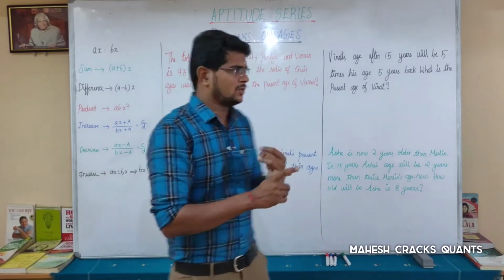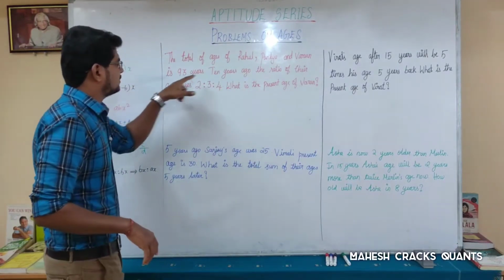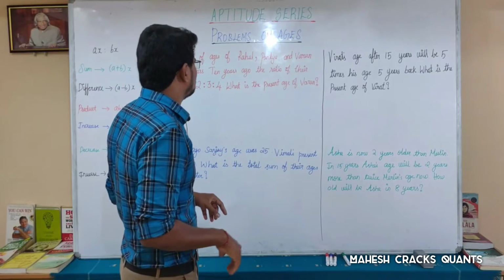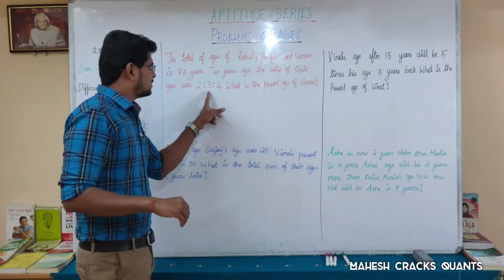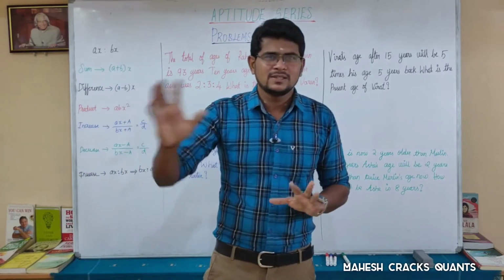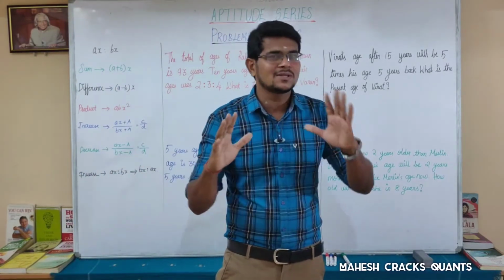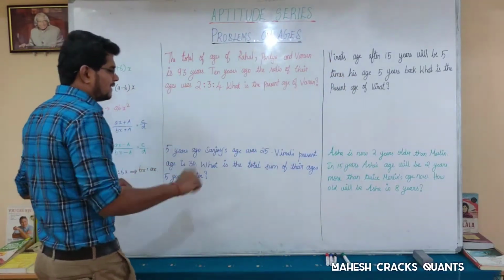So 93 minus 10 for Rahul, 10 for Pandya and 10 for Varun gives 63. So 2x, 3x, 4x together is 63.